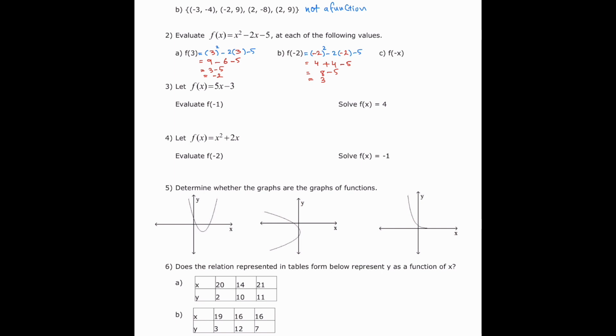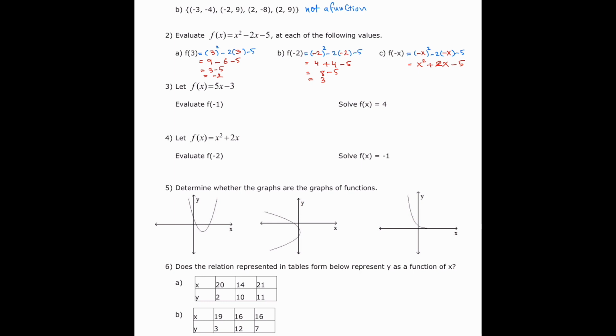And the last one, I will remove again x and put a placeholder there. And then I will plug the -x inside. -x squared is +x squared. -2 times -x is +2x, and then -5. And that is the final answer.